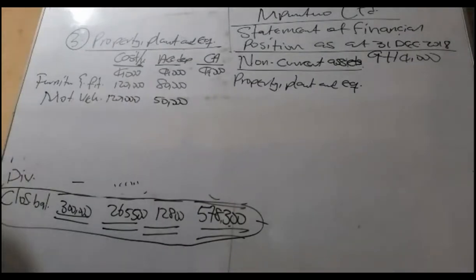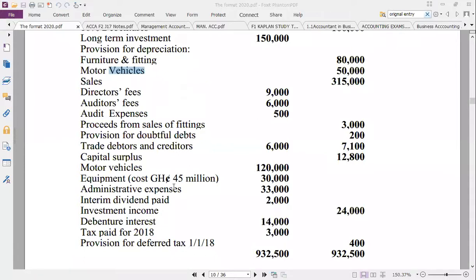Then let's go and pick the last assets. That's the equipment. Cost is 45. The accumulated depreciation is 15. They've already subtracted and they had 30. When you do this, the cost is 45, carrying amount is 30. So automatically accumulated depreciation is 15.